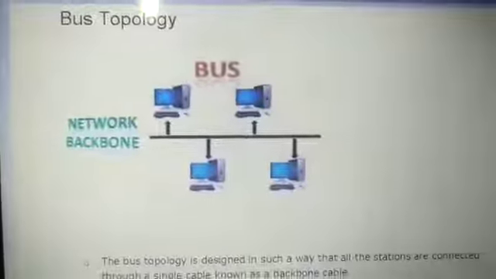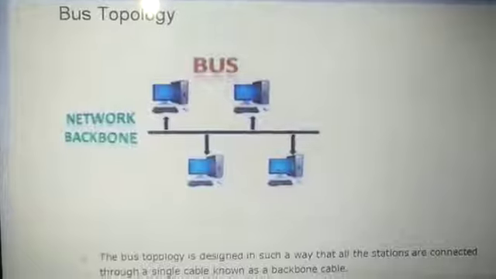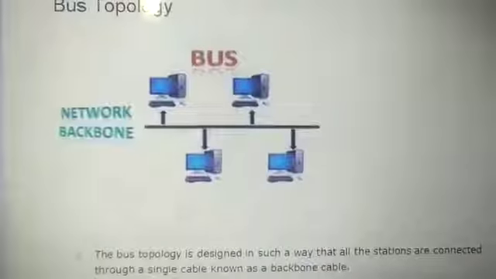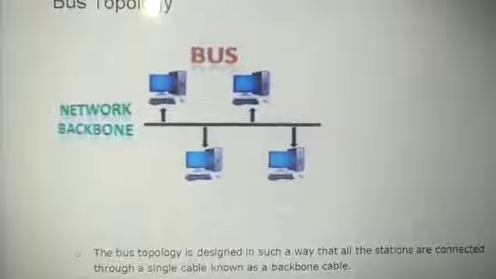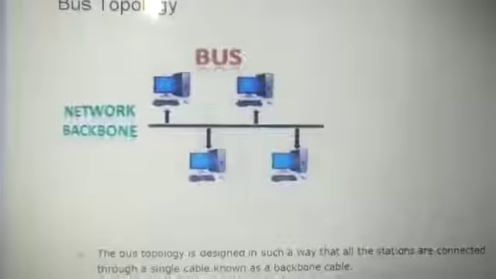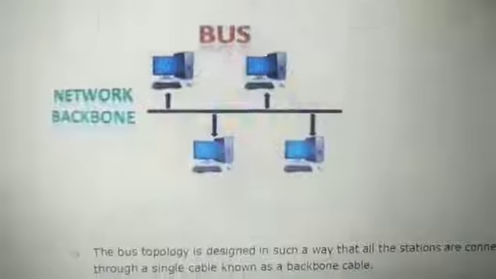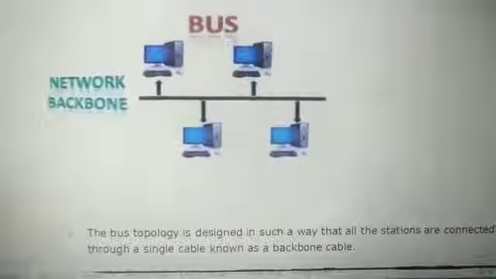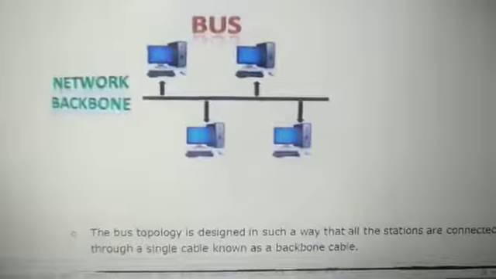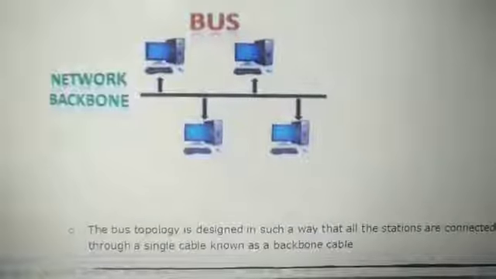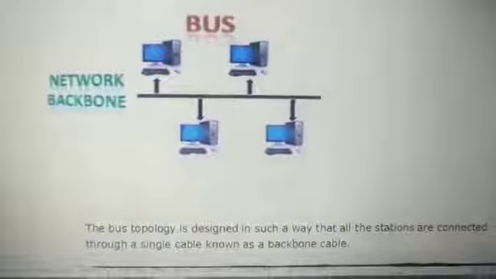So how can we explain this type of topology? The nodes are connected to the main cable by the drop line and the tap. Here you see this drop line, and this tap is also there. A drop line is a connection running between the devices and the main cable. So what is the use of a drop line?